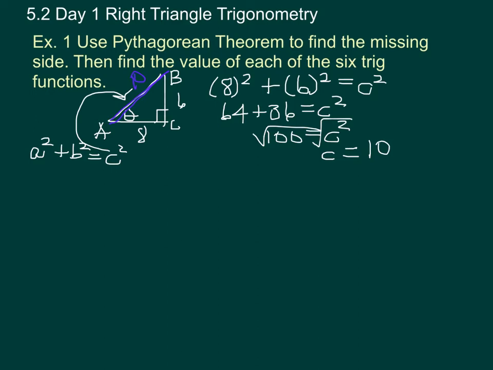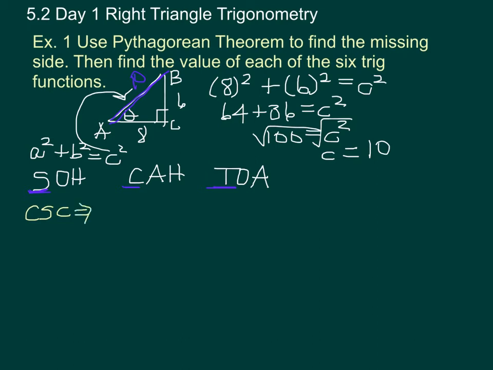Now we have to find the 6 trig functions. Sine is opposite over hypotenuse, cosine, adjacent over hypotenuse, tangent, opposite over adjacent. So that's 3 already. 1, 2, 3. The other 3 are the reciprocals. The reciprocal for sine is cosecant, and we abbreviate it CSC.